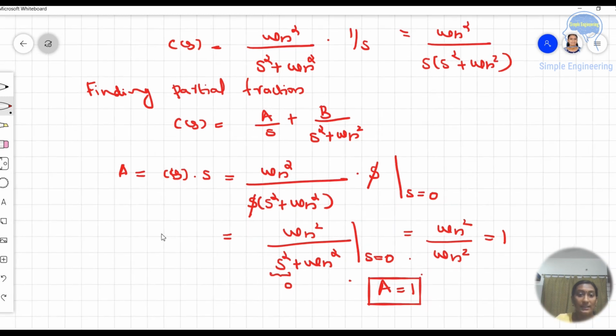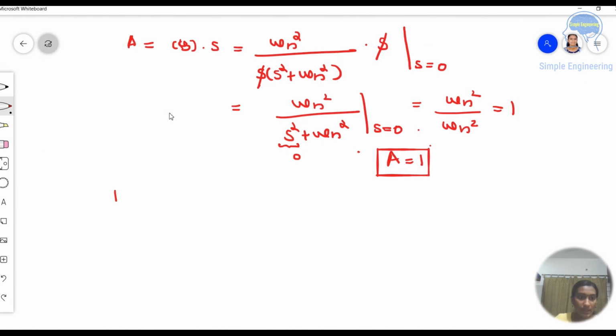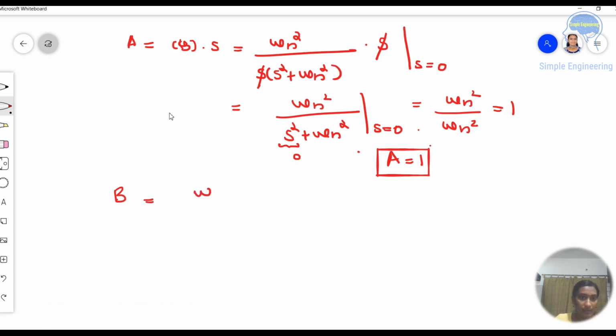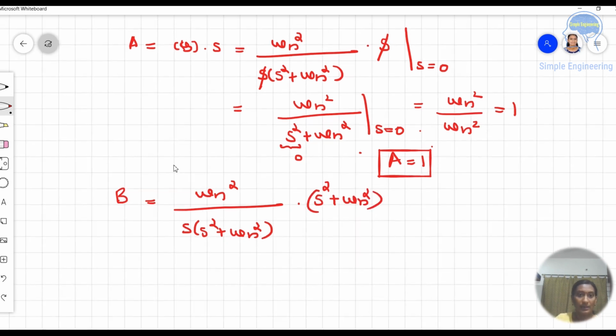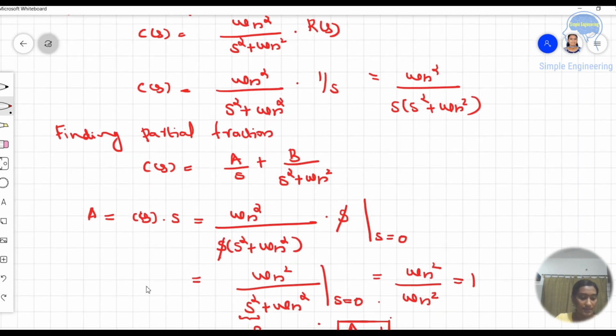Next, we have to find B. B is obtained from C(S) = omega n square / (S (S square + omega n square)) multiplied by S square + omega n square, that is the denominator of the B term. Here we have B over the denominator S square + omega n square.